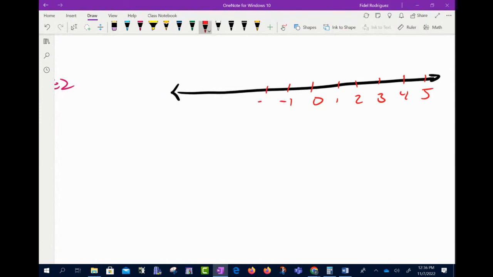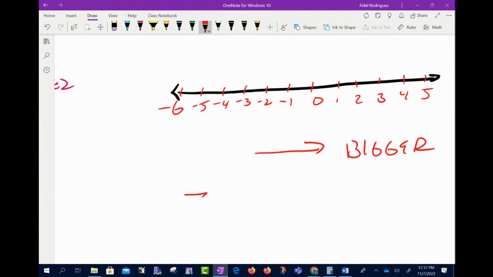And on this side, again, this is how you would show your 5th graders, or maybe even 4th graders, you'd say, look, numbers to the right are bigger. Numbers to the left are smaller, okay?